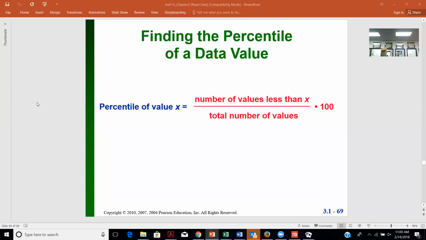So now we want to calculate a standard deviation.